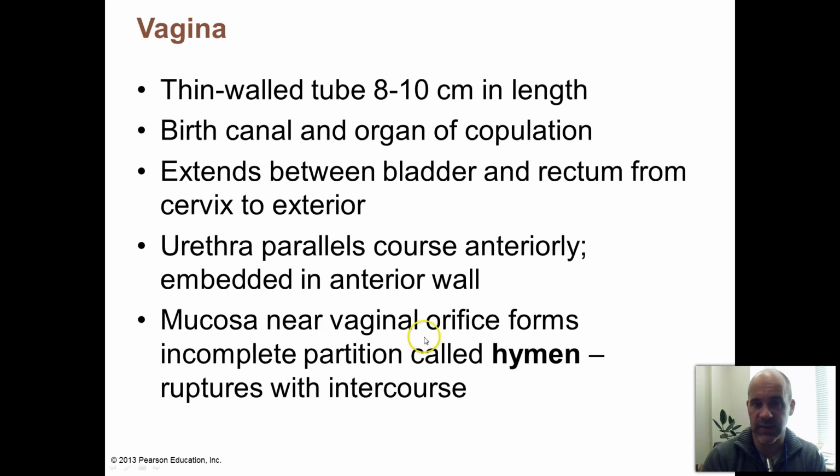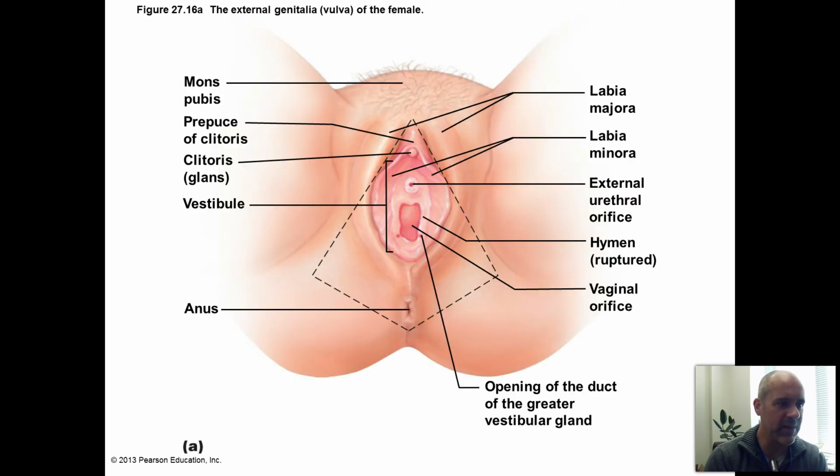The vaginal orifice is the opening to the outside of the body, and the hymen ruptures with the first sexual intercourse. Now, there are other things that can rupture the hymen as well. So you may have heard before that a female can't be a virgin if her hymen has been ruptured, and that's not necessarily true. There are other things that can rupture that structure as well.